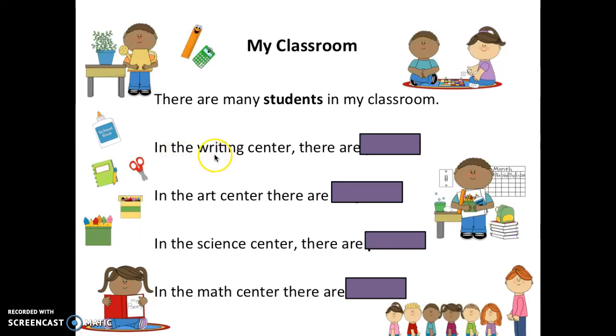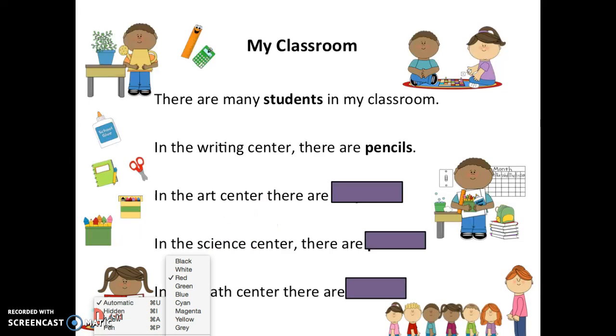In the writing center, there are... I'm going to get my mouth ready. I think that's a P. In the writing center, there are... All right, I see the word pen.